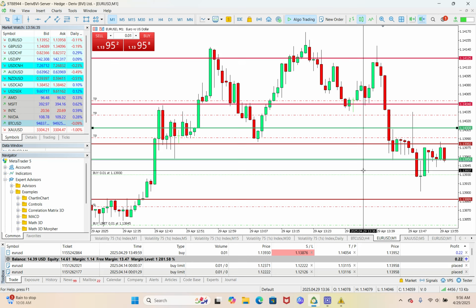We're at 22 cents in profit. Right. Buyers are currently resisting. Sellers make a big push to the downside. Buyers start to go on the defense again.